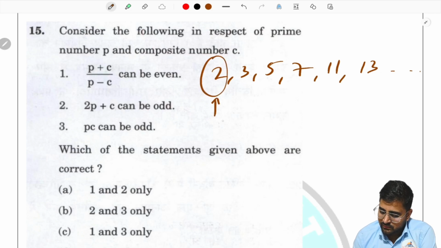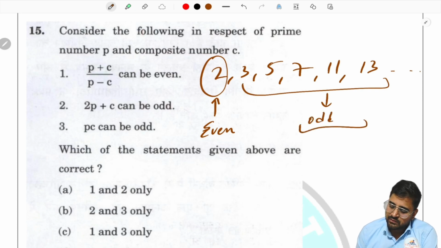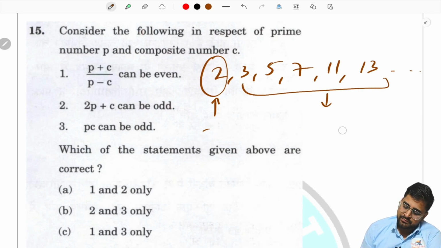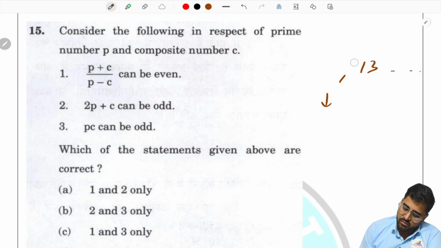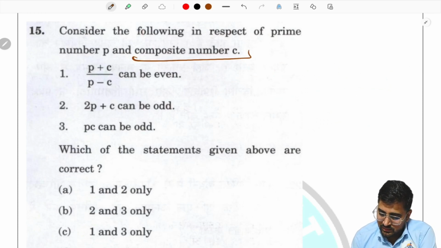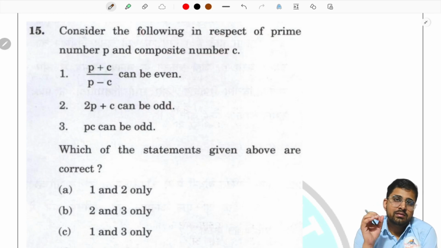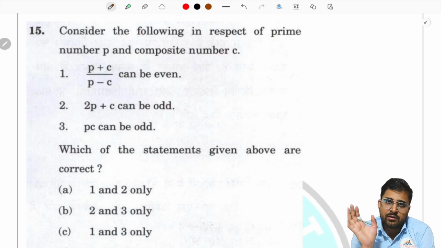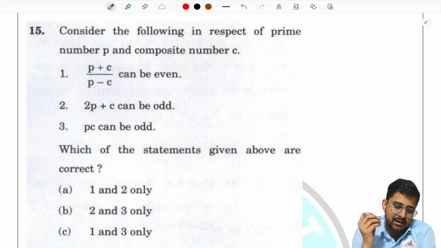Only 2 is even and the rest are odd. So by this we conclude that the majority of them are odd only. In composite numbers there is no such restriction. They can be even, they can be odd.